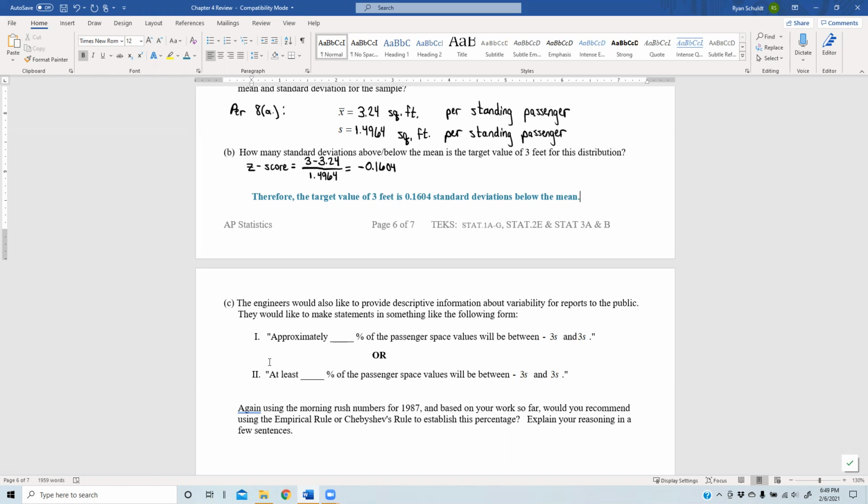Okay, so we have to pick between empirical or Chebyshev's. Let's remember the difference. Chebyshev's is the second one.